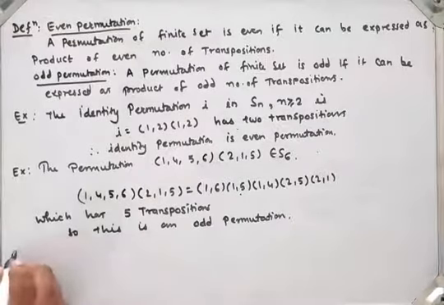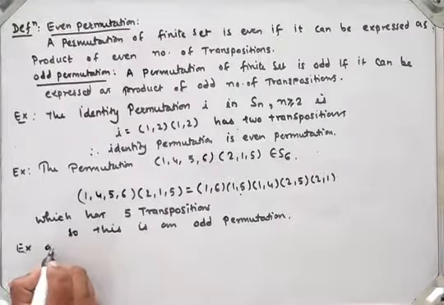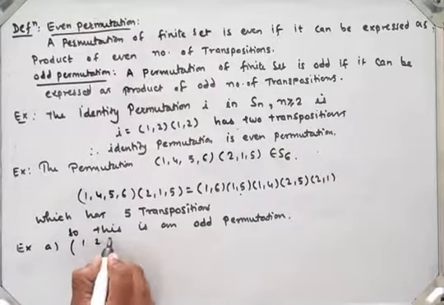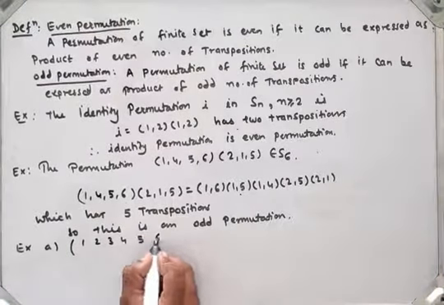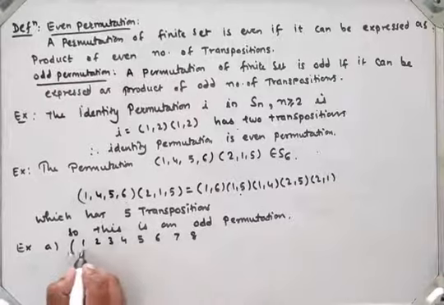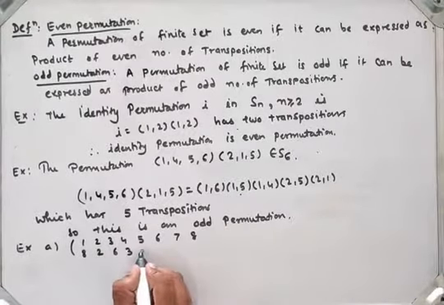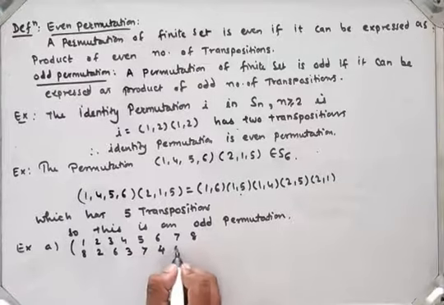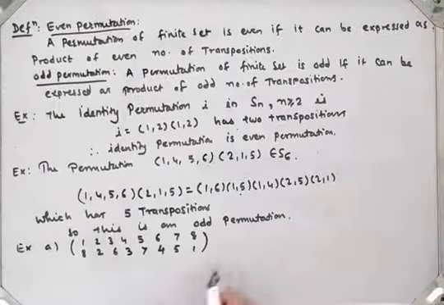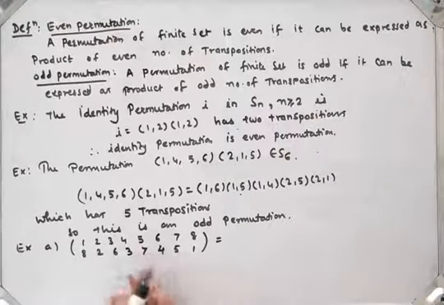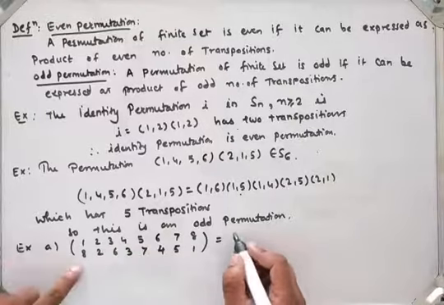Now again, find out. First 1 2 3 4 5 6 7 8. 1 goes to 8, 2 goes to 2, 3 goes to 6, 6 goes to 4, 4 goes to 3, 7 goes to 5, 5 goes to 7, 8 goes to 1. So first find the cycles.